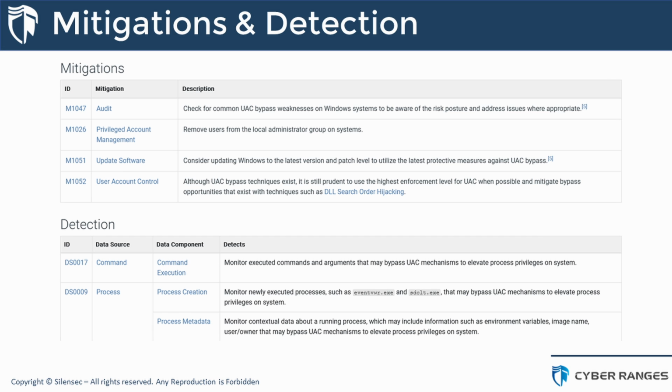If you're doing logging or you're trying to ship logs, you're trying to configure Sysmon, etc., you're typically looking for command execution. And in terms of detection, you should monitor executed commands and arguments that may bypass UAC mechanisms to elevate process privileges on a system. So really, really helpful information provided by the MITRE ATT&CK Framework.